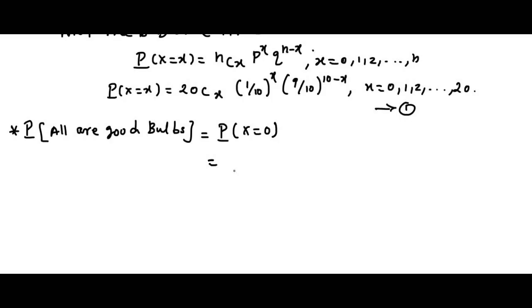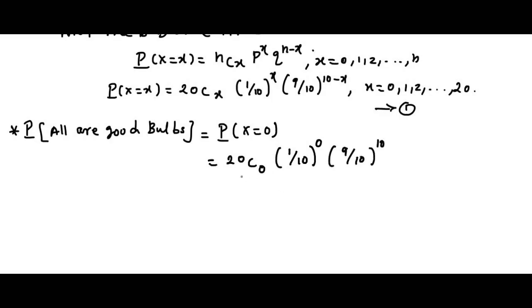We are going to find the probability that all are good bulbs, which means none of them are defective, no bulbs are faulty, all bulbs are in working condition. So we consider the probability of x equal to 0. Using equation 1, that is 20C0, 1 by 10 power 0, 9 by 10 power 20 minus 0.